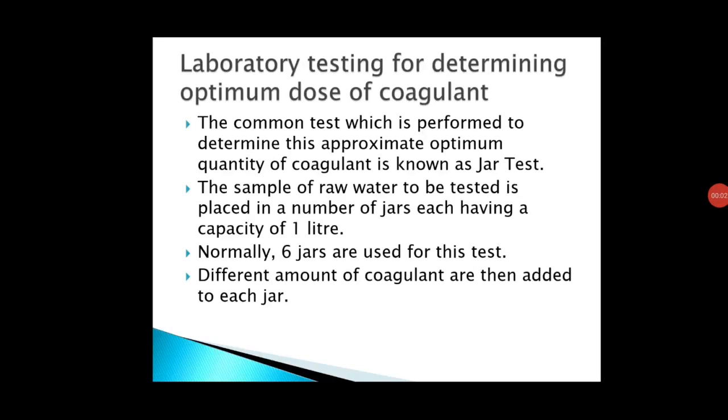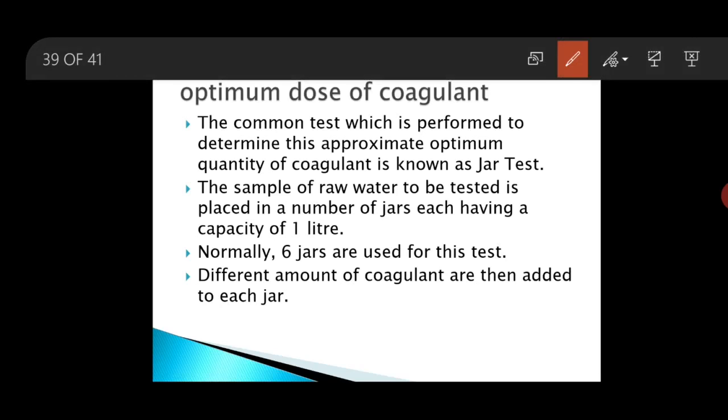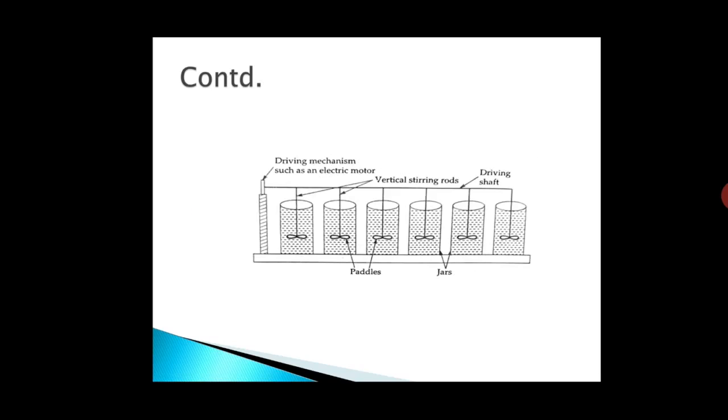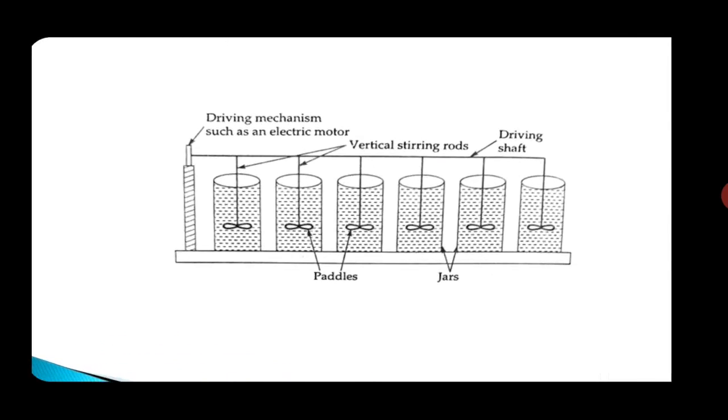Next we will discuss the laboratory test which is used for determining the optimum dose of coagulant. The common test which is performed to determine the optimum dose of coagulant is known as the jar test. See, this is the jar test apparatus.